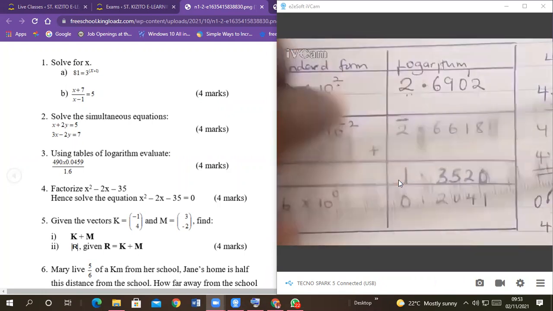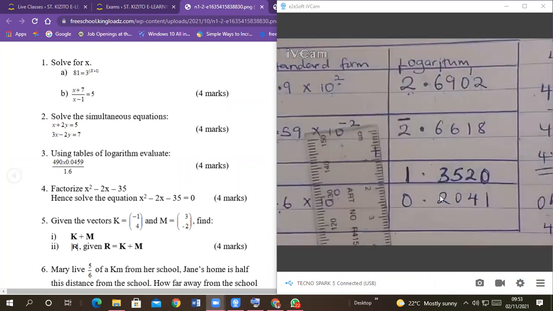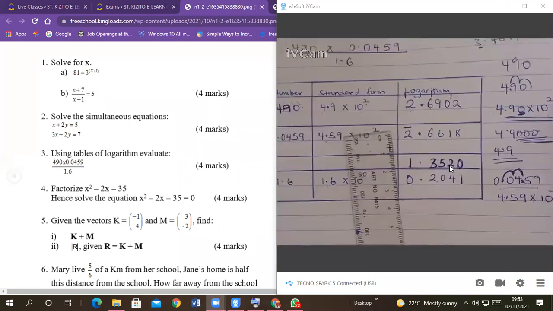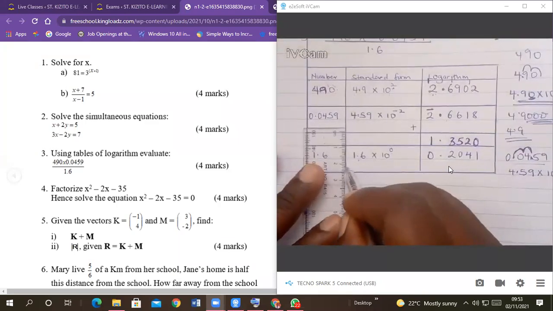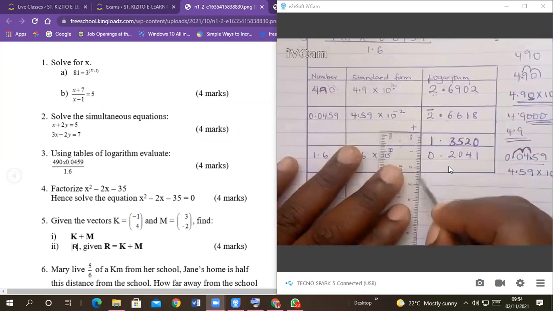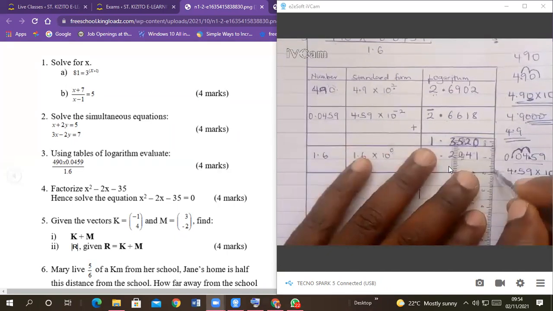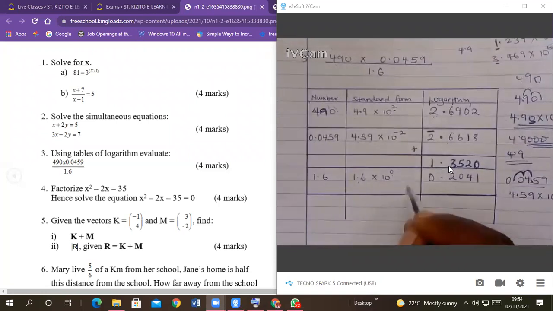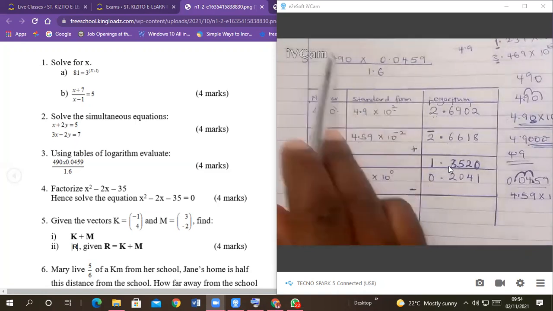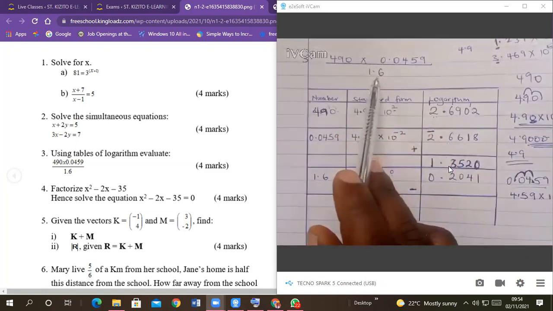We have not finished. From there, what we are going to do is the subtraction. From what we have got, we are going to subtract. Why do we subtract? Because this is divided by this.